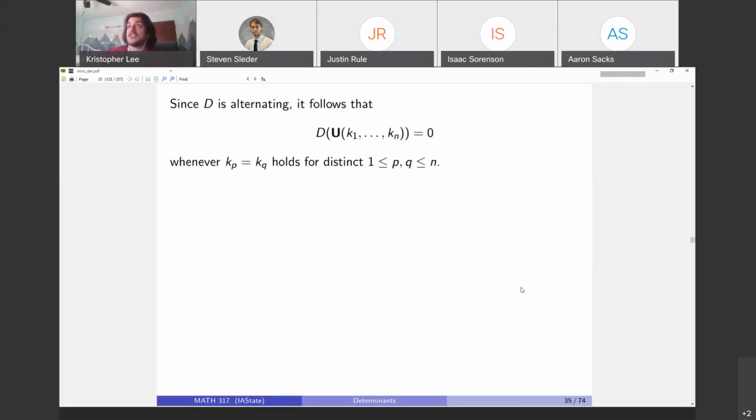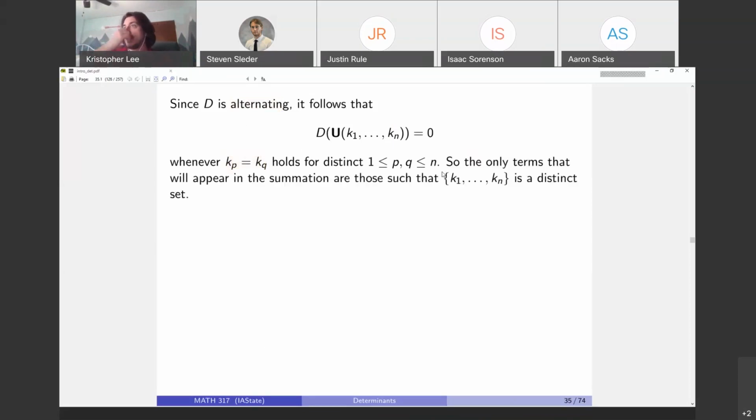Specifically, since D is alternating, if any of these indices are equal to each other for any two distinct ones, in other words, if I have a matrix that is a bunch of rows of the identity and I repeated, let's say, row 4 in two different spots, then it zeroes out because it's alternating. And that was the nice property of that. If you have distinct rows that are equal, then this just zeroes out.